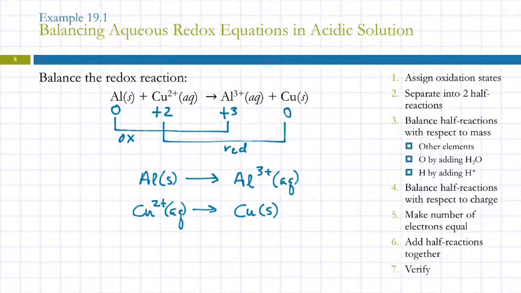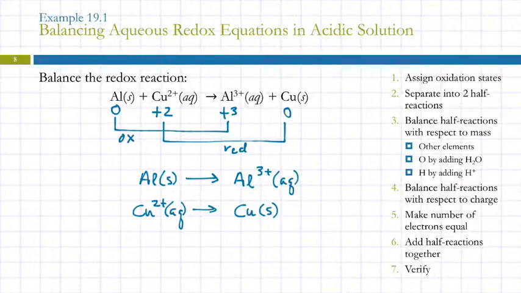Now we need to balance with respect to mass, looking at atoms. Well, these are already balanced, right? 1 aluminum, 1 copper, 1 copper. Then we need to balance with respect to charge. We do that by using electrons. So this one, aluminum going to aluminum +3. This side is 0, this side is +3. We need them to be the same on both sides.